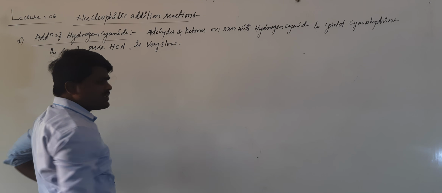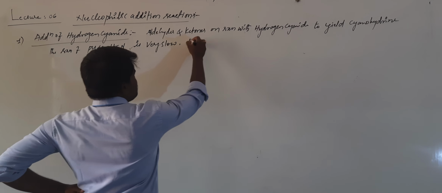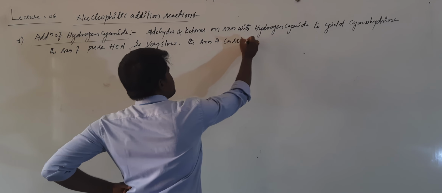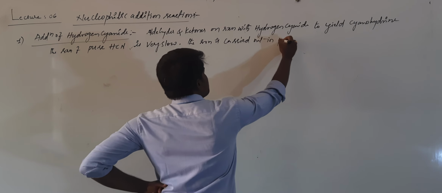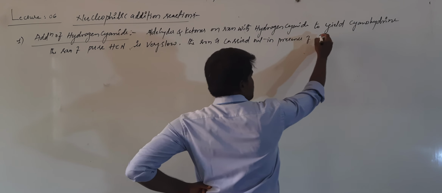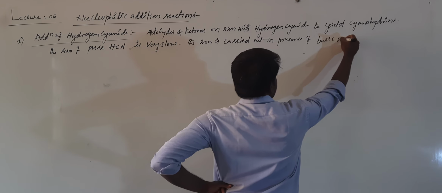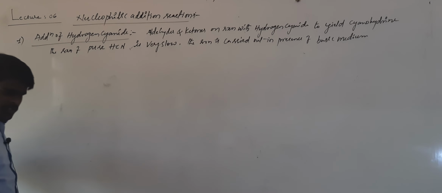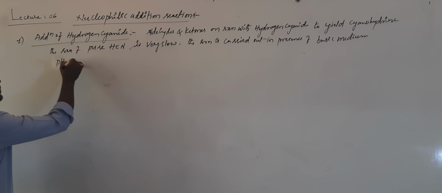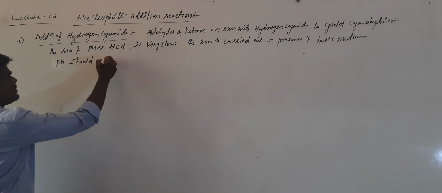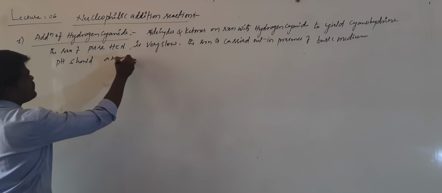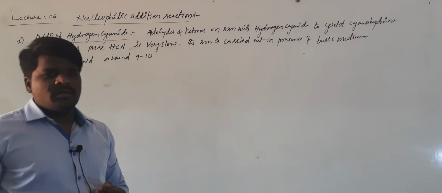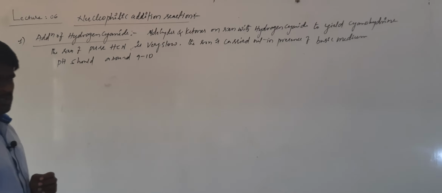In order to increase the rate of reaction, the reaction is carried out in the presence of a basic medium. The pH of the medium where the reaction is carried out should be around 9 to 10. This is an important aspect.